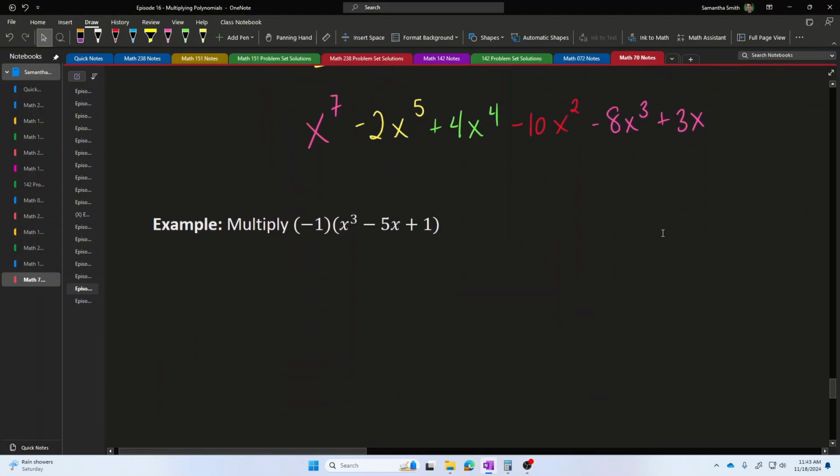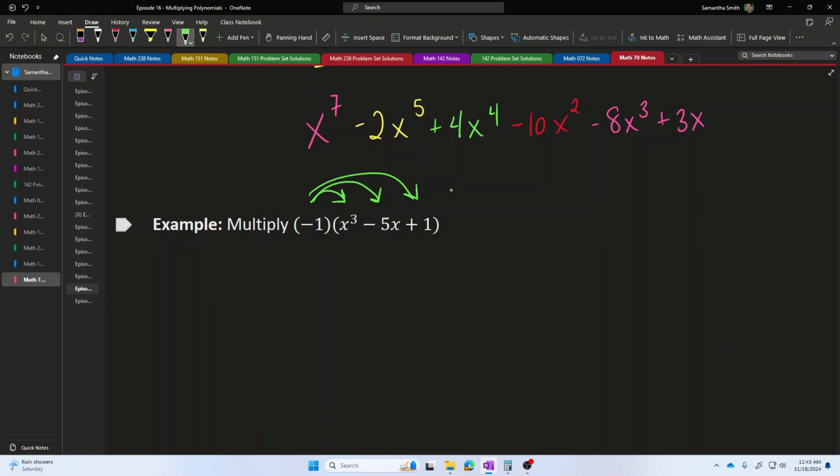One final simple example, just multiplying a polynomial by negative 1. If I multiply a polynomial by negative 1, then I just have to make sure that that one term in the first polynomial gets multiplied by all 3 of the terms in the second polynomial.